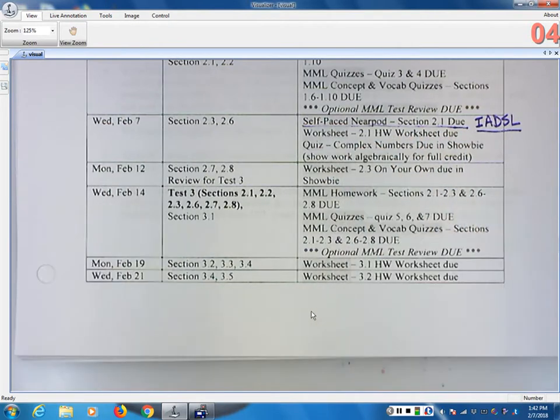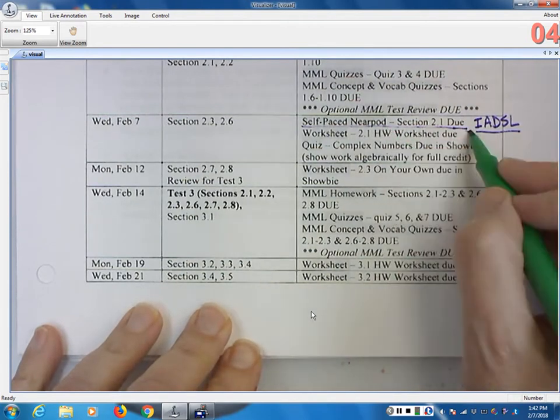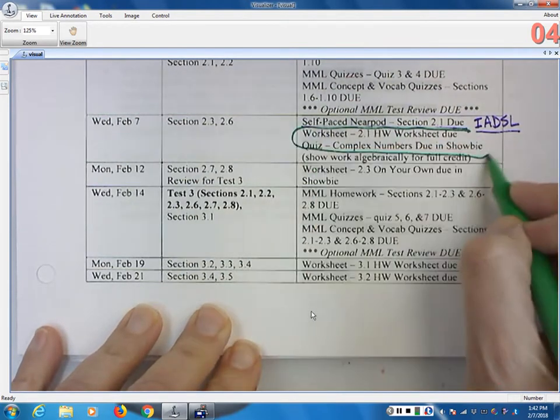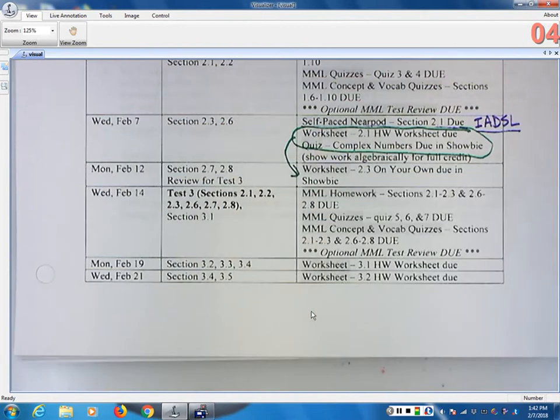We changed the due dates on these worksheets to Monday, and 2.3 will be due Monday too.